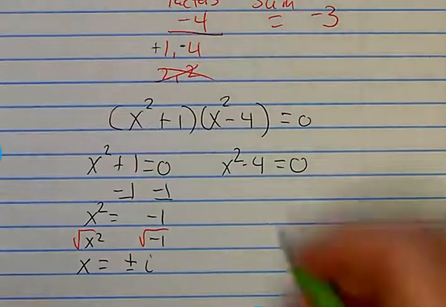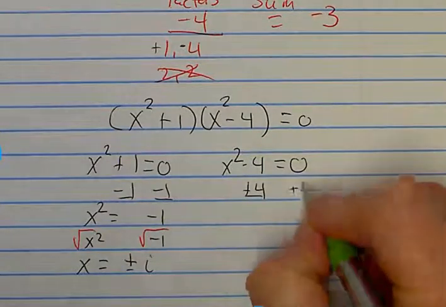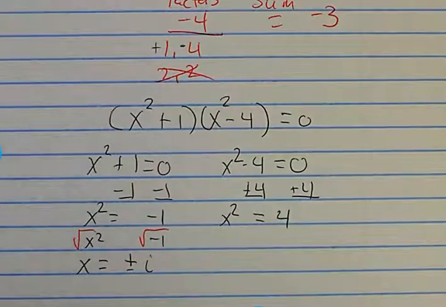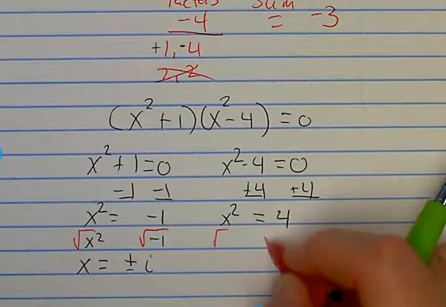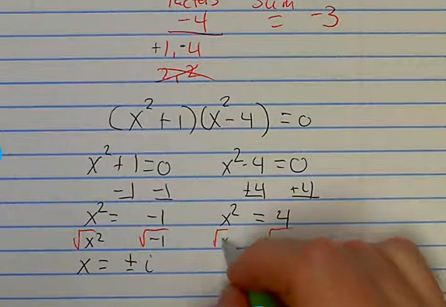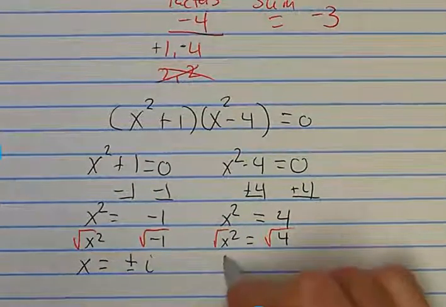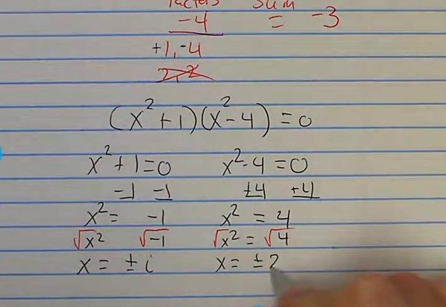And for the x squared minus 4, we can add 4 to both sides. And then we'll square root both sides. The good thing is, this one's just a regular 4. It's not a negative, so when you square root it, it's just plus or minus 2.